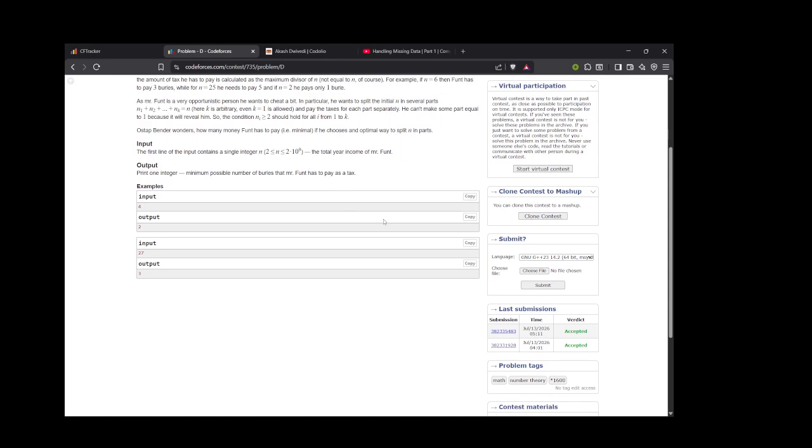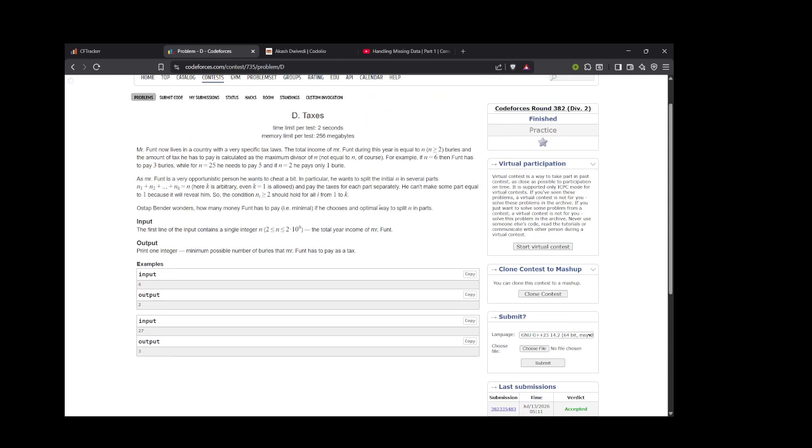But if you are not able to decode it, then it's quite tricky. I found it very easy because while reading the problem statement itself, I got to know that we'll try to divide the salary into as many plans as possible, because for all of them we need to pay only one. So yeah, that's all for this video.